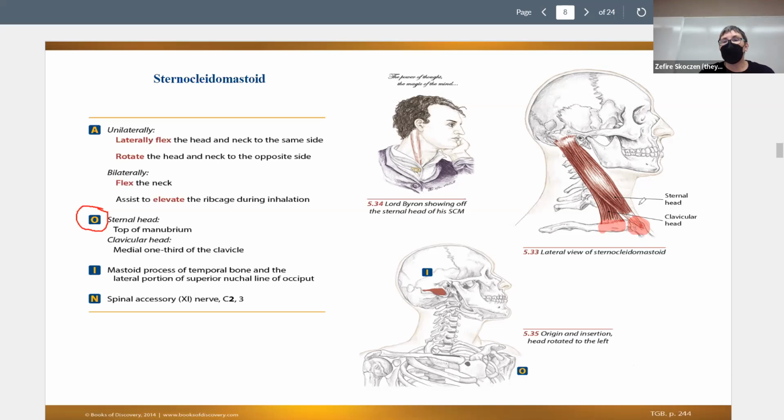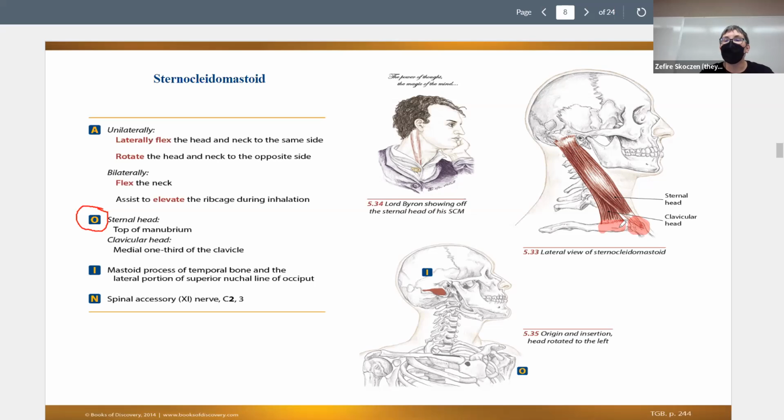Interesting thing about sternocleidomastoid, that I can see right here in both its origin and its insertion, is that, interestingly enough, the sternocleidomastoid, embryologically, so in development, was actually one muscle with upper trapezius. And it's later on that they separate into two different muscles.